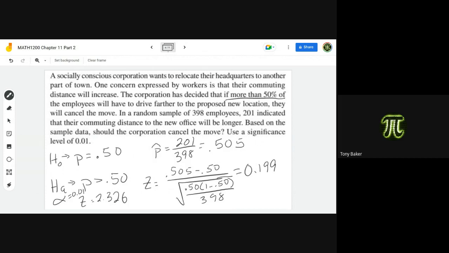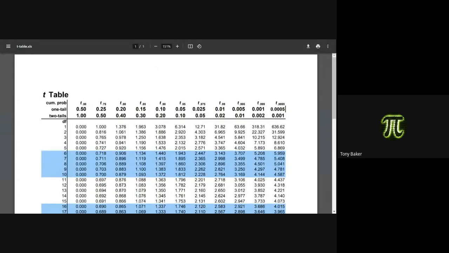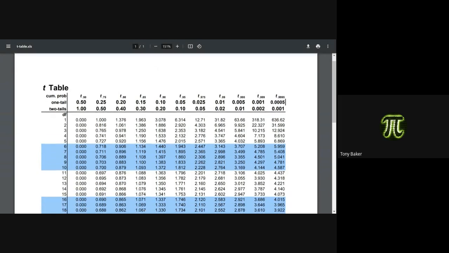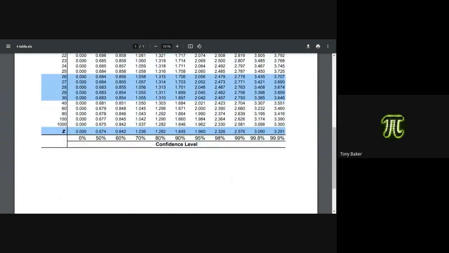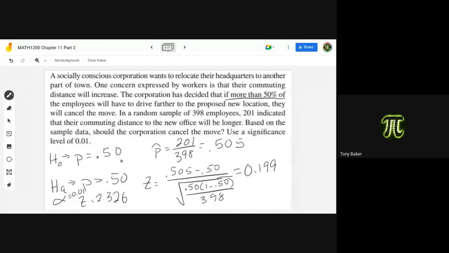Even if 0.01 was too strict a level for this situation and I would probably have used 0.10, it still would have caused them to move, because at the 0.10 level for one-tailed, that's still 1.282. So you would fail to reject that the number of workers who would have to drive farther is more than 50%.